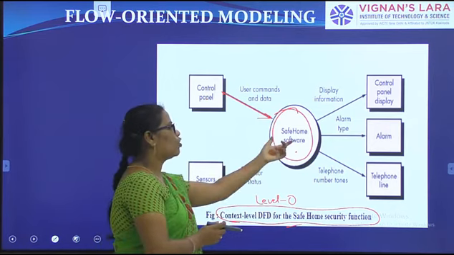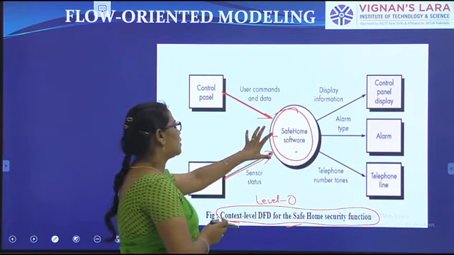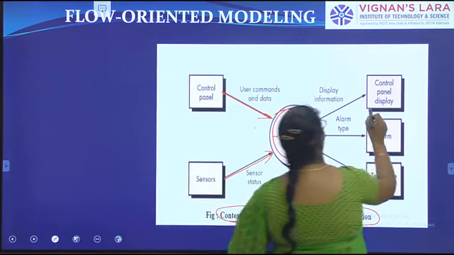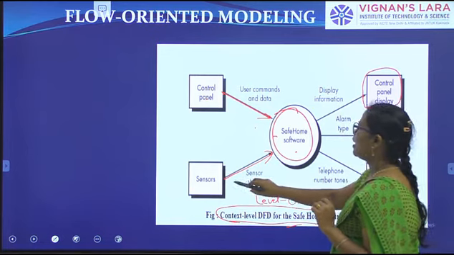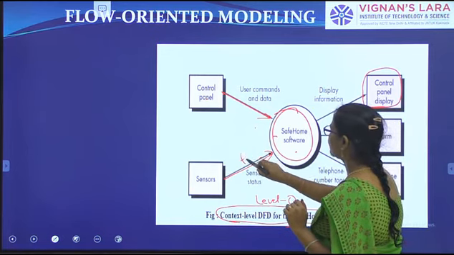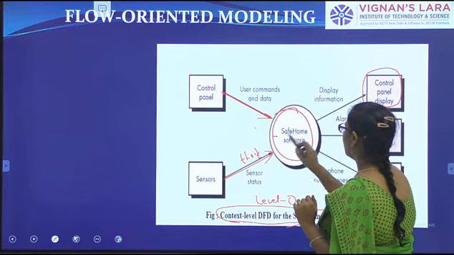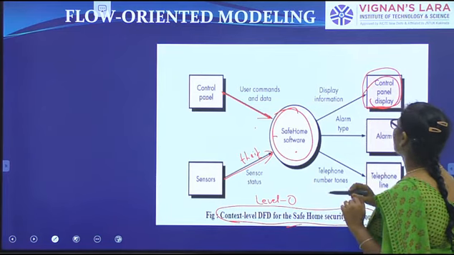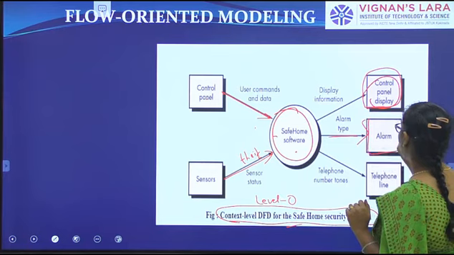So this is the SafeHome context diagram. What is the control panel? What does it display? Whenever a thief comes, SafeHome has to sense it and display it in the control panel. Or else it has to give some alarm. So it has an alarm.